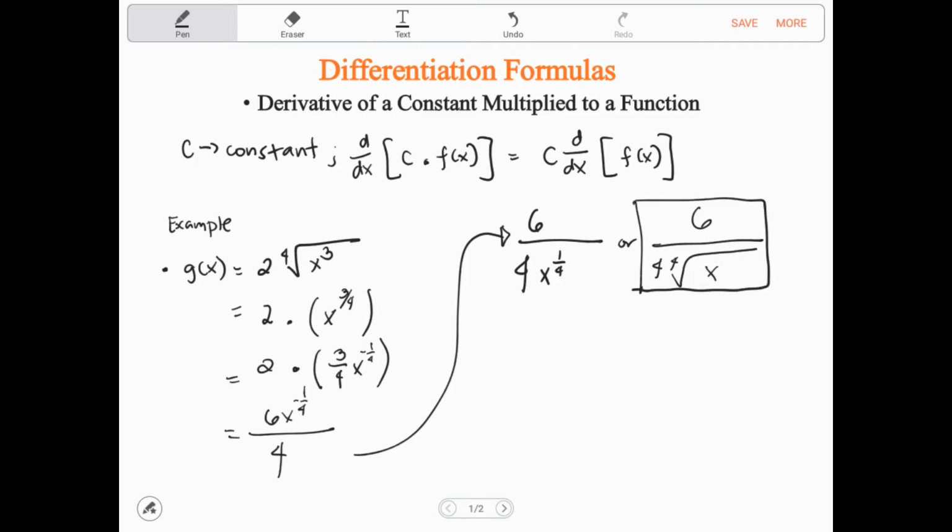We can also simplify it. Since the numerator and the denominator are divisible by 2, we'll divide it. So it's gonna be 3 over 2 times the 4th root of x.